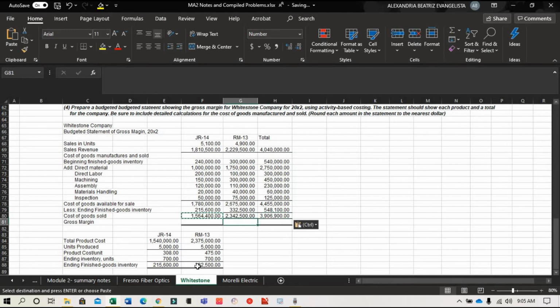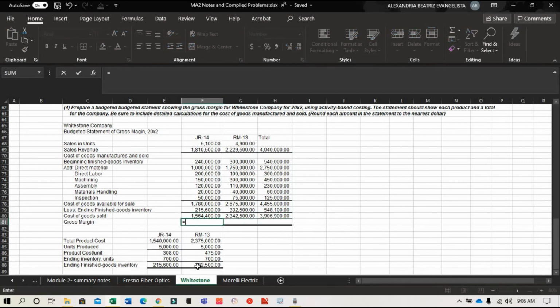And our cost of goods sold is 1,564,400 for JR14 and 2,342,500 for RM13, with the total cost of goods sold for the company being 3,906,900. The gross margin for JR14 is 246,100.